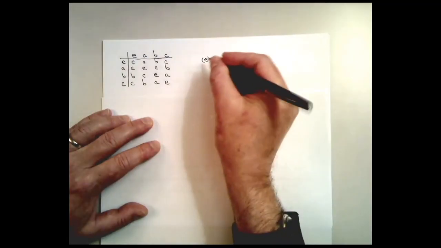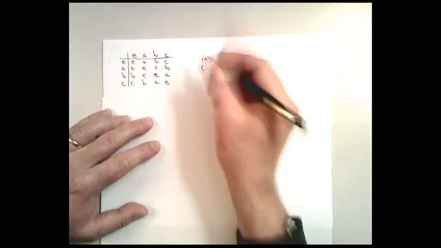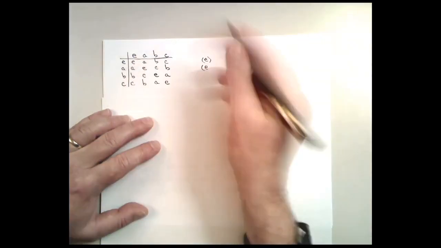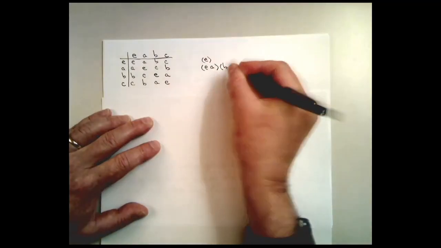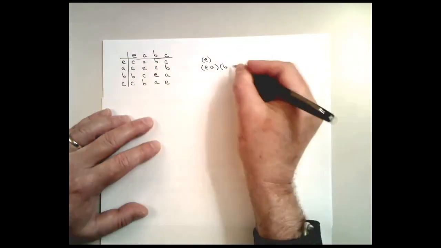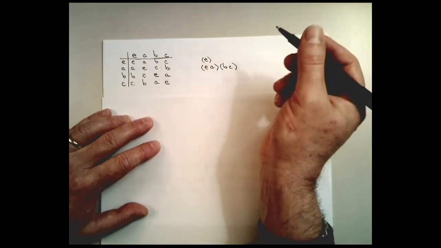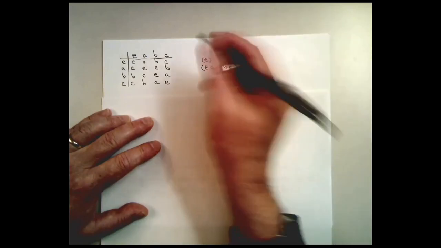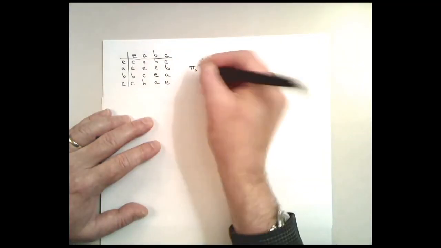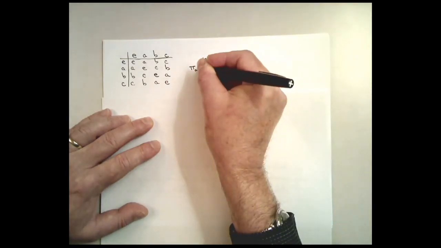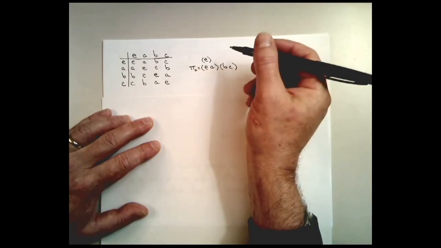And then let's see the second one. So E's going to A, A's going to E, B goes to C, and C goes to B. And, you know, since this is coming from row A, I think I'm going to call this permutation A. I'm using the symbol pi to denote permutation.